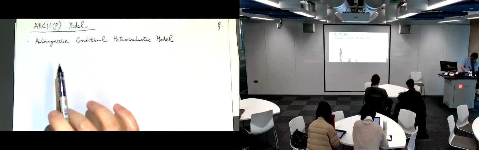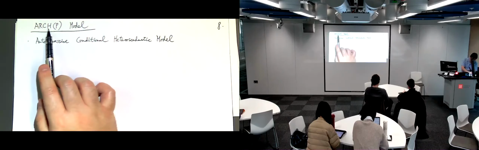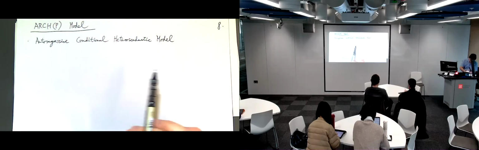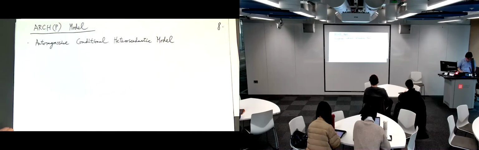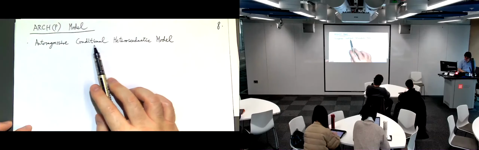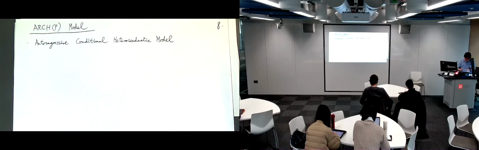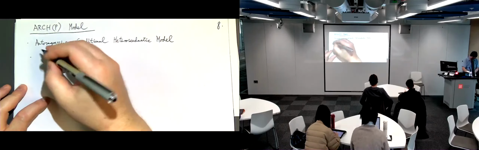So AR is autoregressive, CH conditional heteroscedasticity. So heteroscedastic certainly means at different time the volatility can change over time. Okay, so heteroscedastic, and it's conditional to past information as well. That heteroscedasticity. Okay, so what is this model?